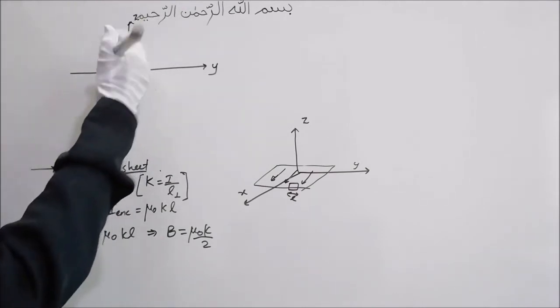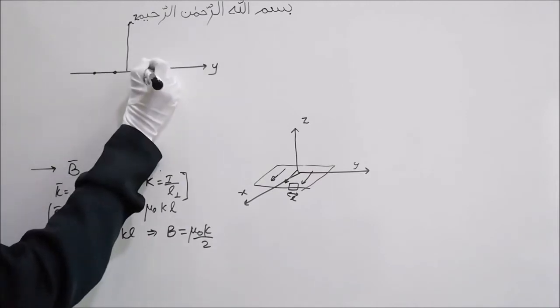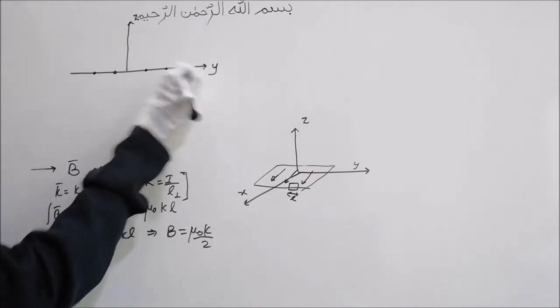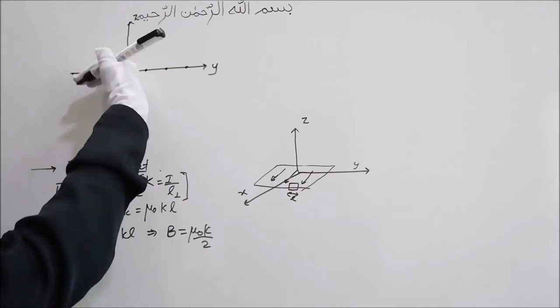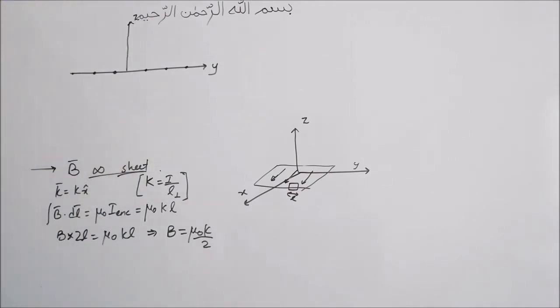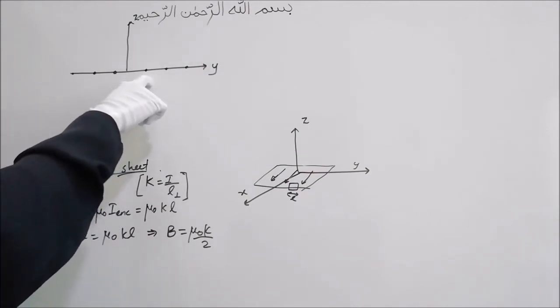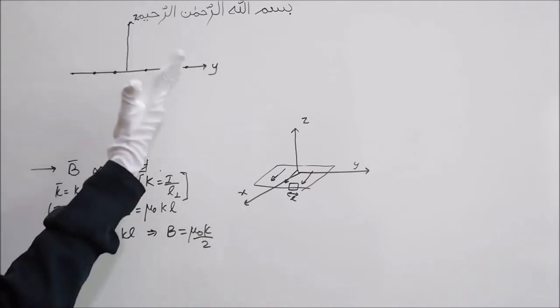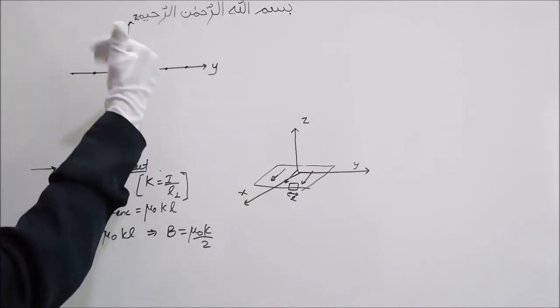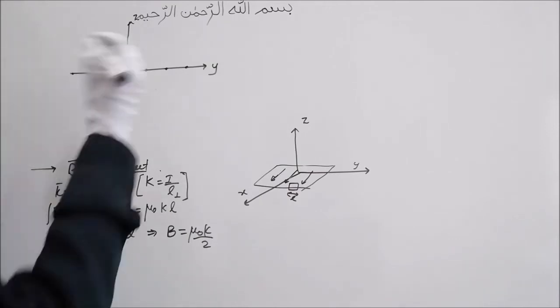I'm looking from here and I will see these surface currents K which are coming out of the plane, out of this board, K in the x hat direction because x hat is outwards. So if you consider just one of these surface currents, point the thumb in the direction of the current, curl our fingers, and the magnetic field is going like this, which is the anti-clockwise direction.